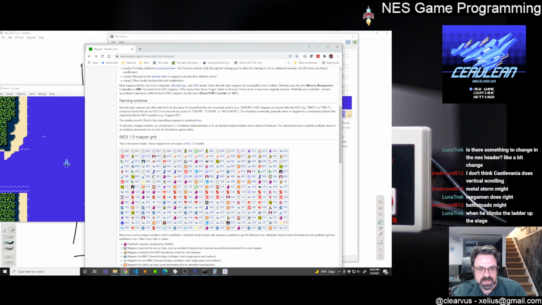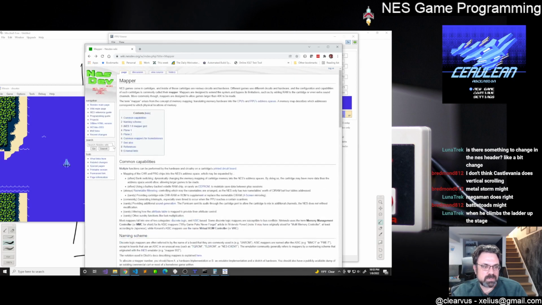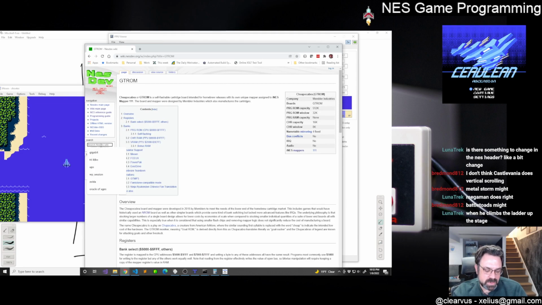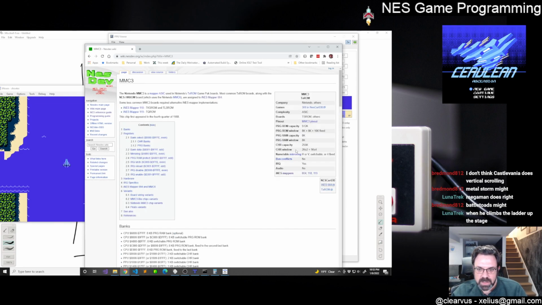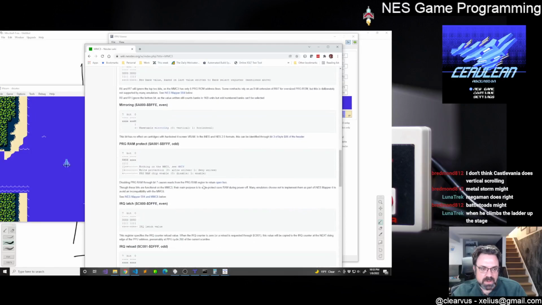What is the one I was thinking of that allows you to select it at runtime? Oh, you know what? MMC3, I think, lets you set it at runtime. Yeah, so MMC3 does switchable horizontal and vertical mirroring.